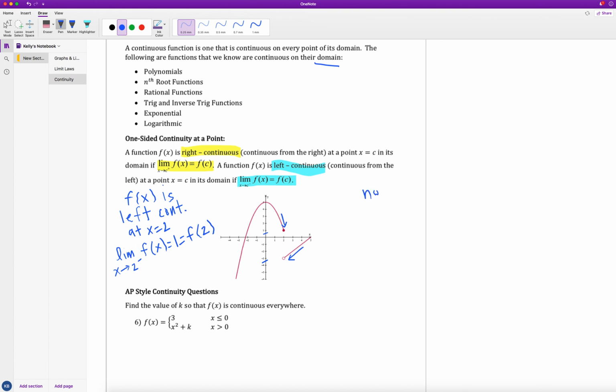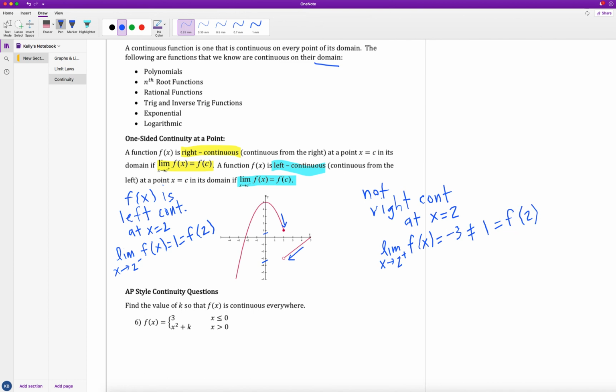This function is not right continuous, and the reason, at x equals 2, let me be specific, is that the limit as x approaches 2 from the right-hand side of f of x equals -3, which does not equal the function value, which happened to be at 1.